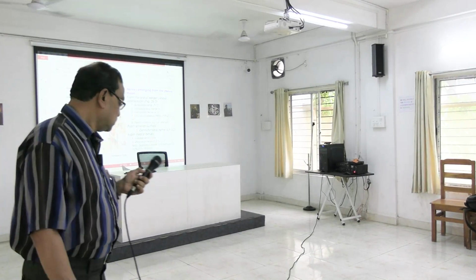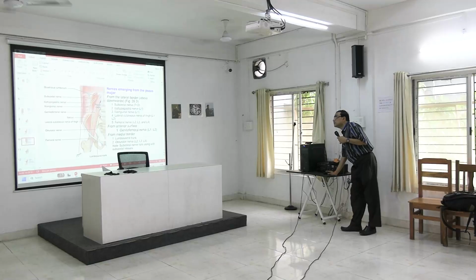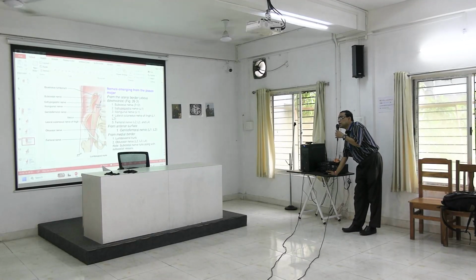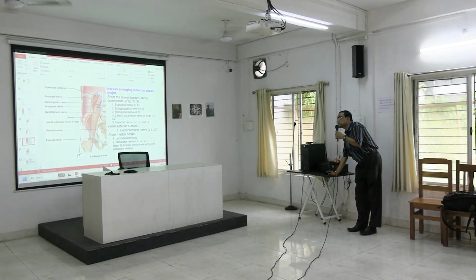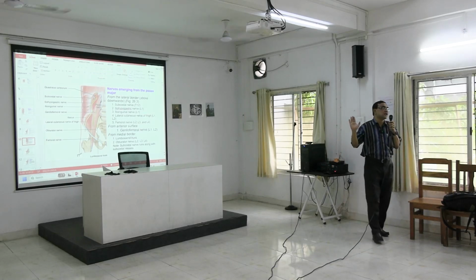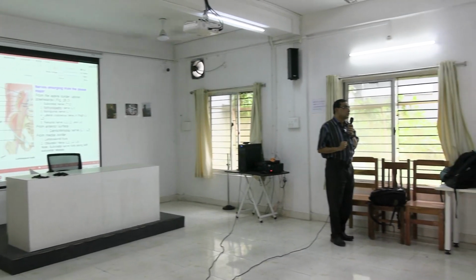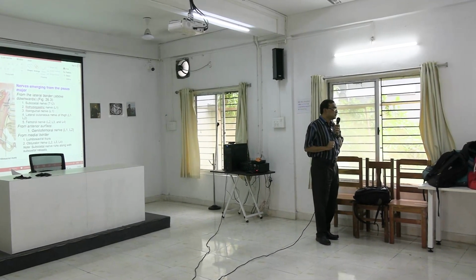Now we know this is the lateral arcuate ligament, and below which we can get some structures coming from above to below. Here we can see the subcostal nerve or 12th thoracic nerve.